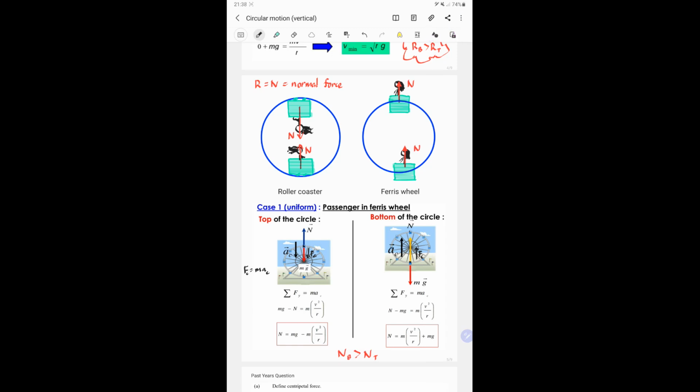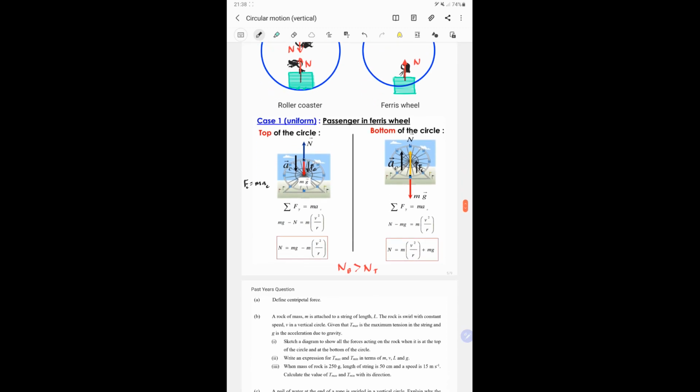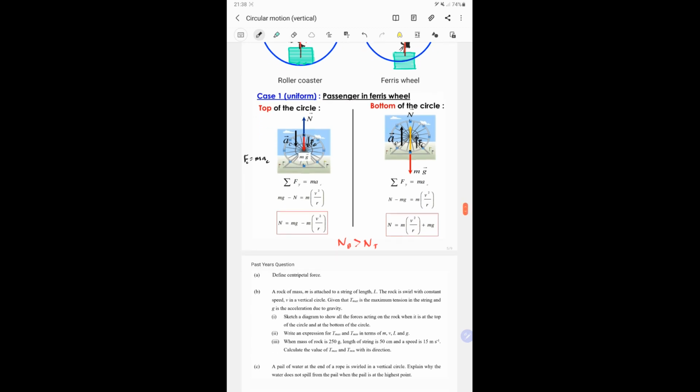Now let's start the discussion by answering one or two past year's questions from chapter 6, which is under circular motion. Remember, we are focusing on vertical circular motion, so I just selected some questions related to it.